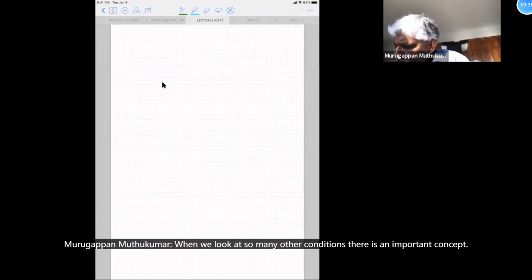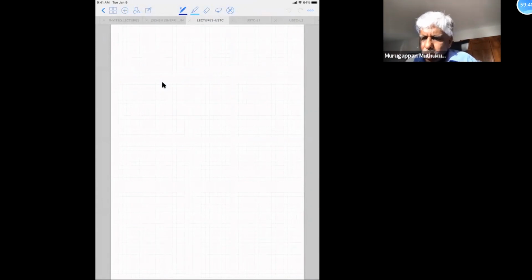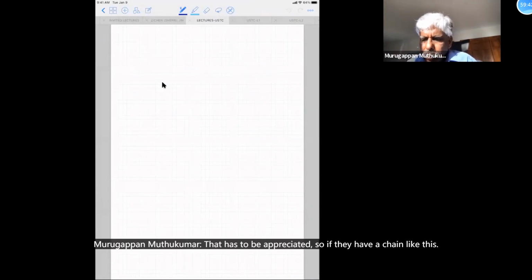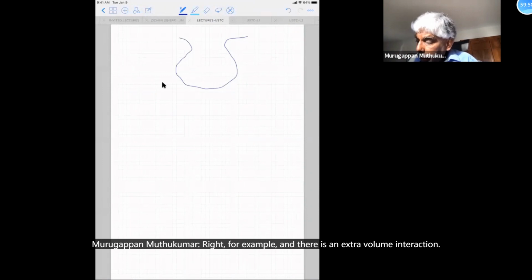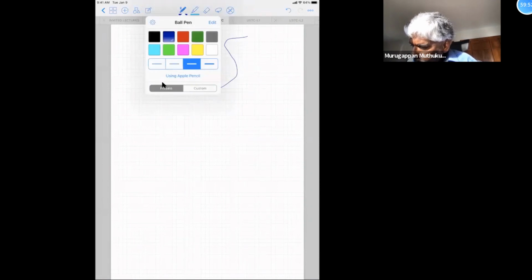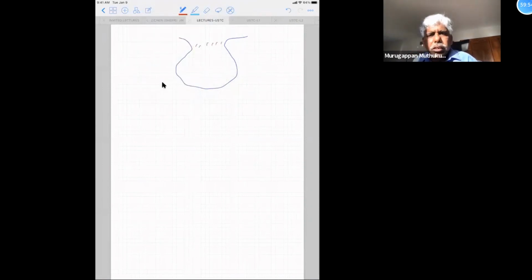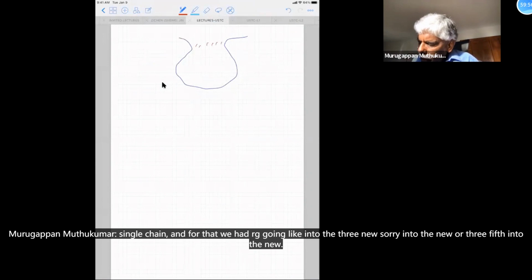When we look at semi-dilute conditions, there's an important concept that has to be appreciated. If I have a chain like this, for example, and there is an excluded volume interaction, single chain, for that we had Rg going like n to the nu, or 3/5.